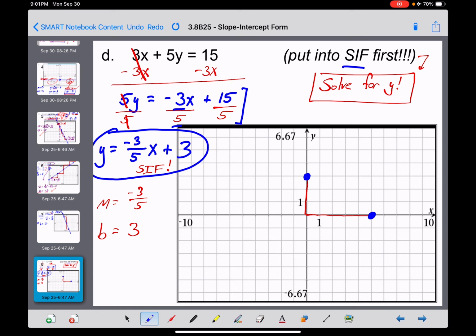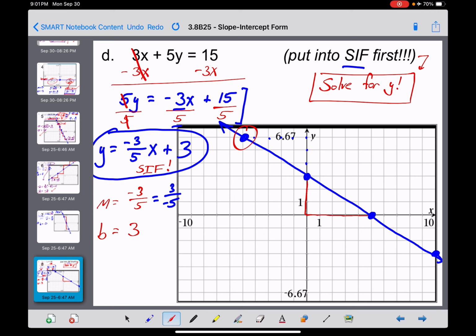Down 3 and right 5 would get us right here. Or we could reverse that to make it 3 over negative 5, which would mean we would go up 3 and left 5 units and get to this point right over here. And then I'll just go ahead and draw the one line that passes through all of those points there. And that is the equation of the line we were looking for.